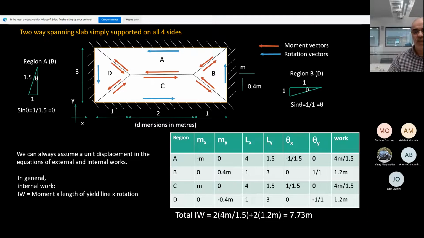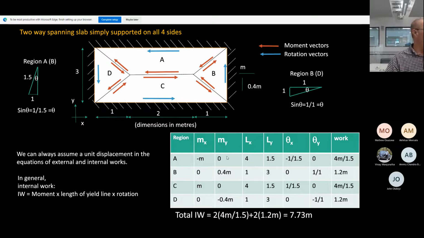You have the moment vector in the x direction, the moment vector in the y direction, the length of the yield line in the x direction, the length of the yield line in the y direction, the rotation vector projected on the x direction, the rotation vector projected on the y direction, and then you do the work here.